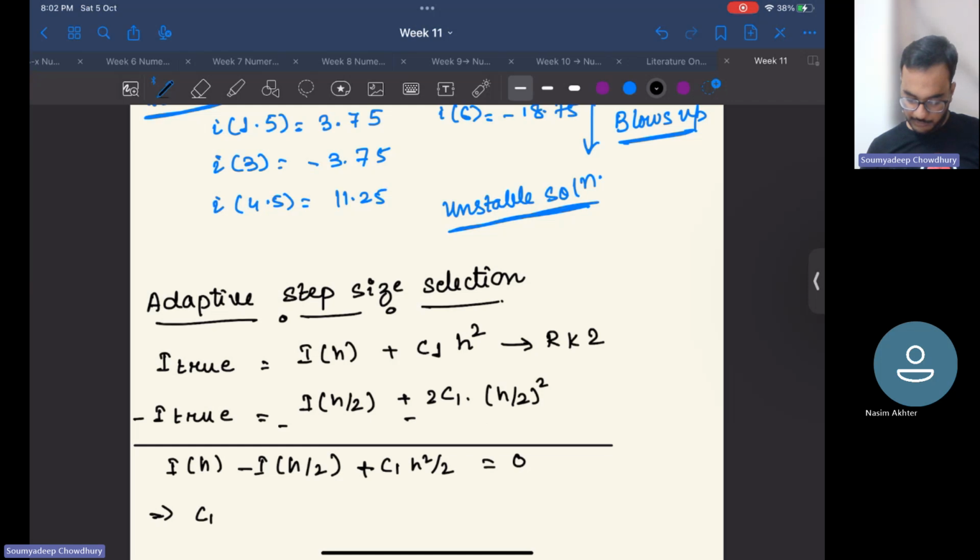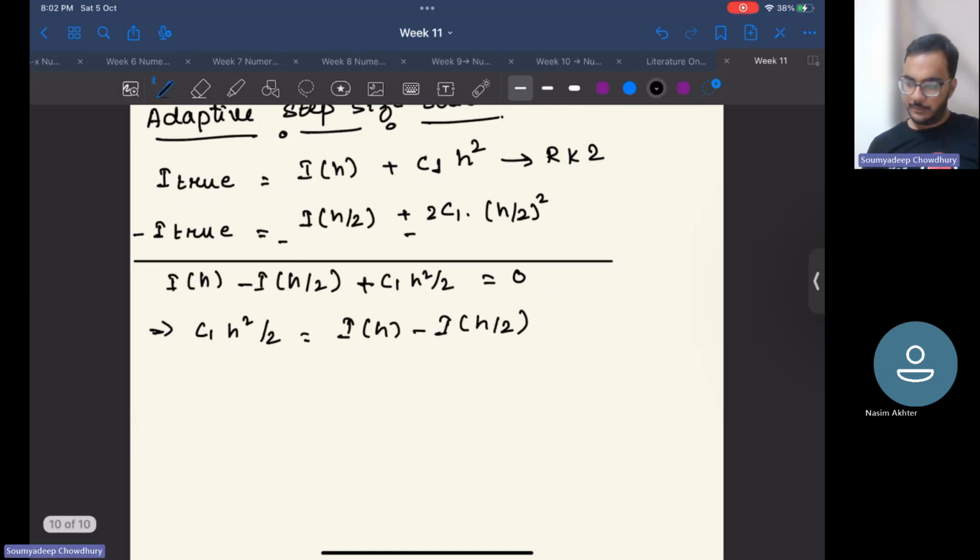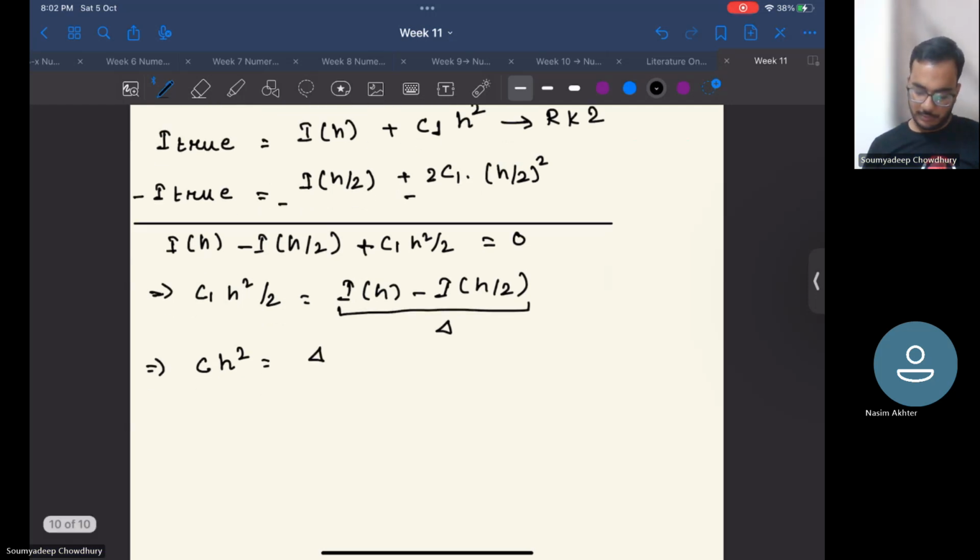So we can write C1 H square by 2 equal to I of H minus I of H by 2. This one, if we assume as delta, and this C1 by 2 as some other constant C, so we can write C H square equal to delta, right?